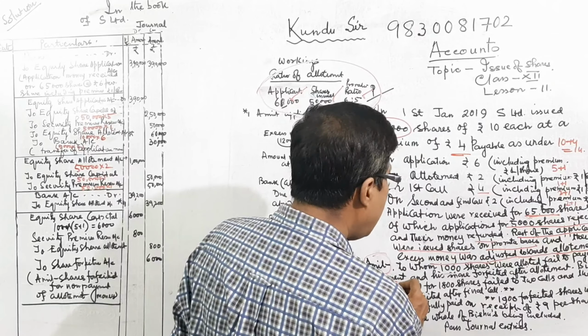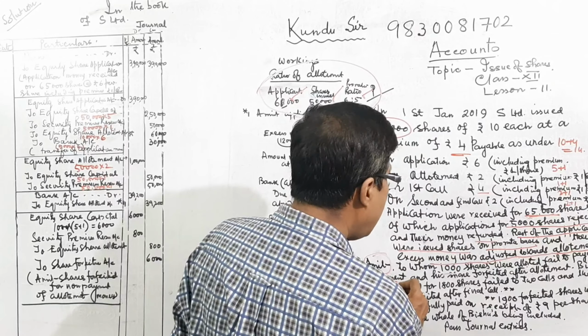Thereafter, the rest relates to another shareholder, Vishnu, who applied for 1,800 shares, failed to pay the 2 calls, and the shares were forfeited after the final call.